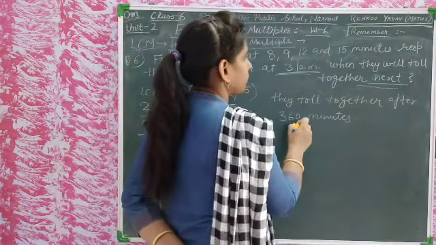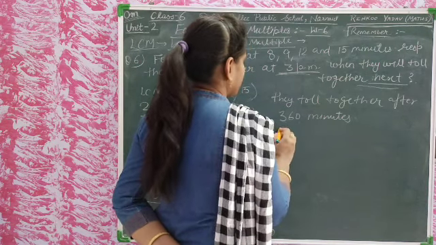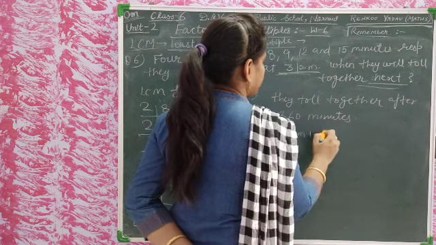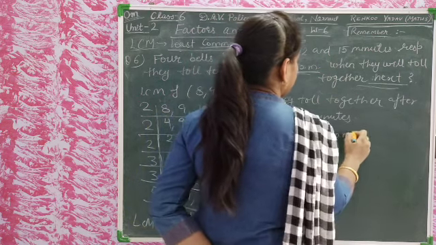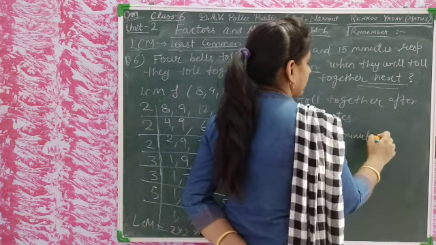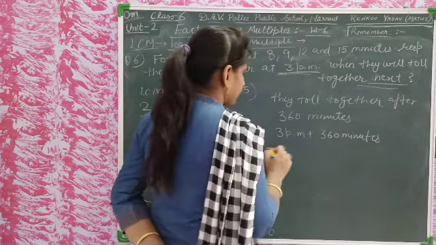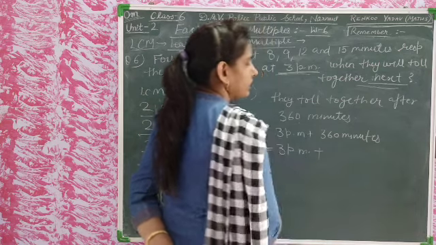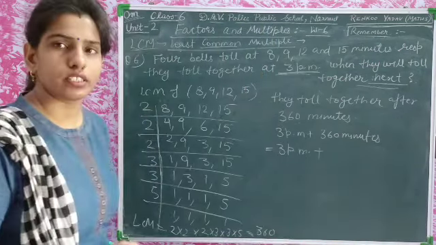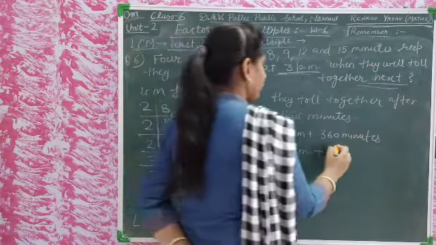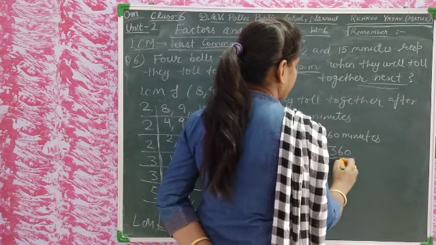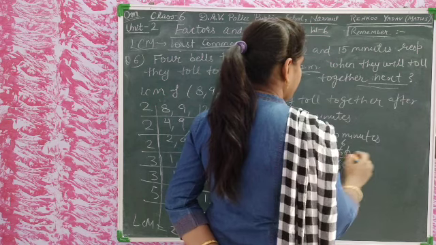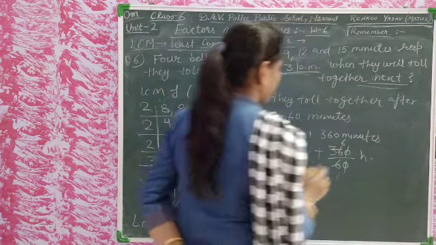So, 3 p.m. plus 360 minutes. What are the hours here? How to find the hours? It will be divided by 60. 360 divided by 60. 6 sixties are 360, so it is 6 hours.